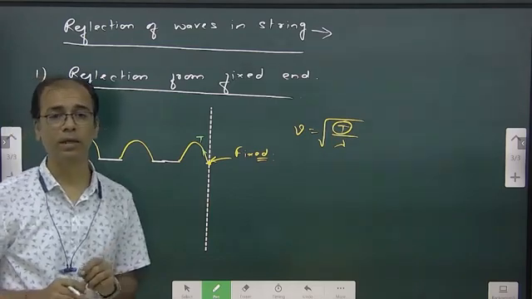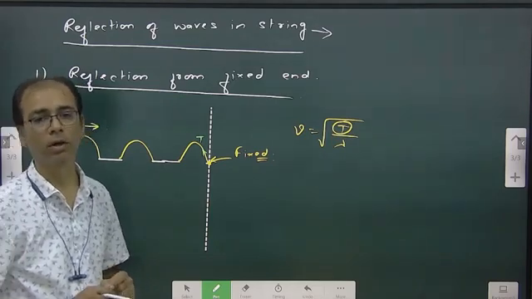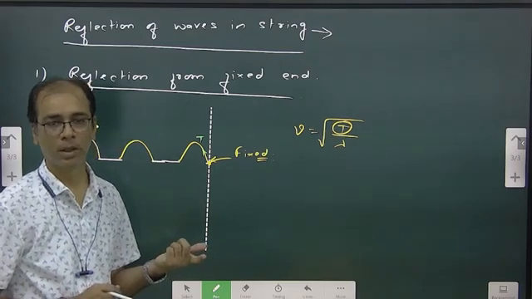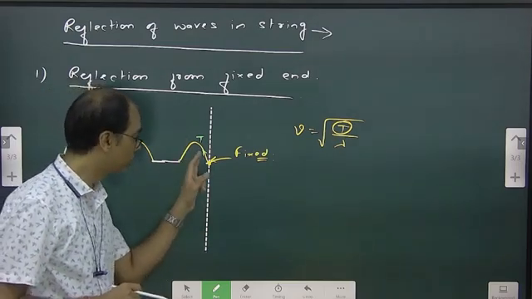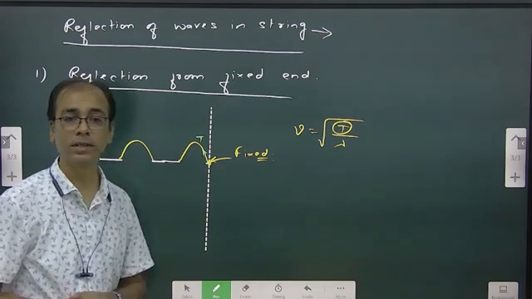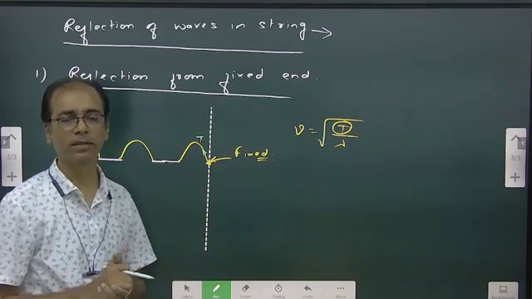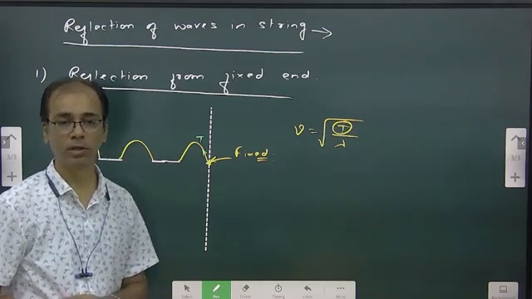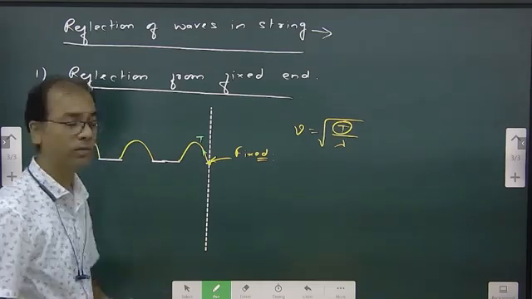But we studied, according to Newton's third law, every action has an equal and opposite reaction. So if a rope or string is going to apply a force on this nail, or whatever the fixed thing is, then that nail is also going to apply a force on the string. Right? Which direction?